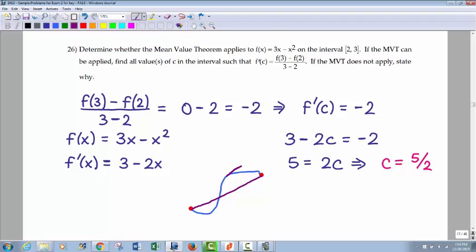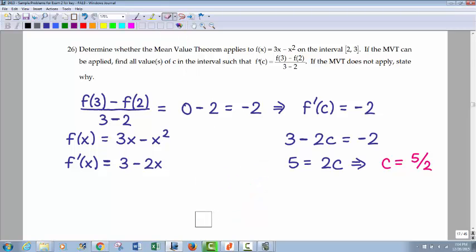So that'll be like here, and here. So it's parallel to that slope. Now, if that slope happened to be 0, then Rolle's theorem is basically a subset of the mean value theorem, where the slope just happened to be 0.